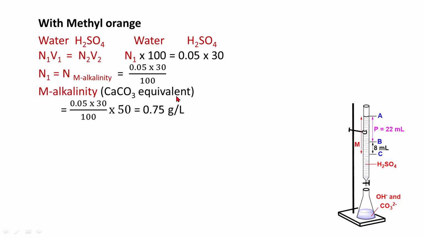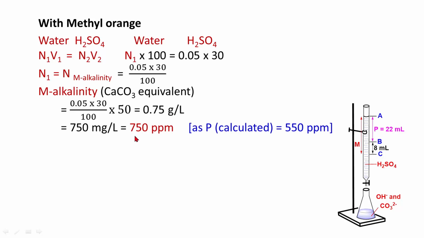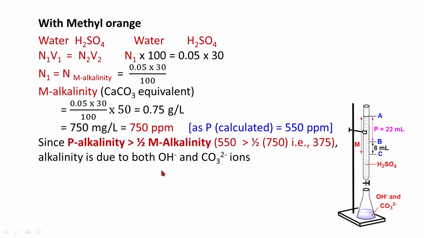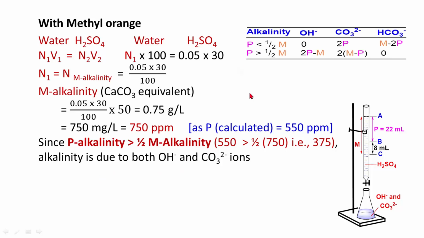For M alkalinity in terms of calcium carbonate equivalent, we multiply N1 with 50, the equivalent weight of calcium carbonate. It comes out to be 0.75 gram per liter, which is equal to 750 ppm. Since P alkalinity is greater than half M, alkalinity is due to both hydroxyl and carbonate ions.